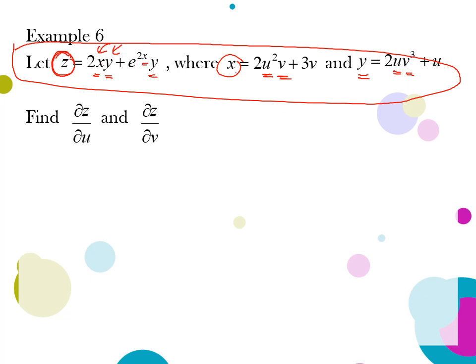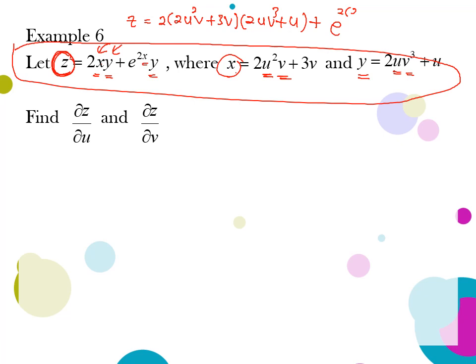find del z, del u. Okay, if you substitute x and y in z, you will roughly look at like this. What is x? X is 2u squared v plus 3v, and then multiply with 2u cubed plus u, plus with exponent of 2.